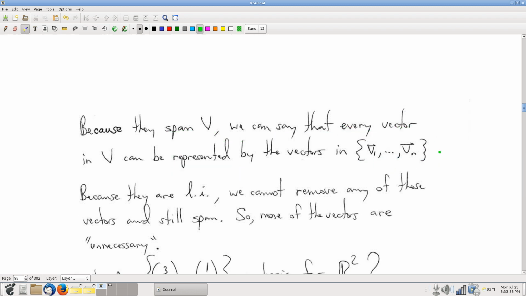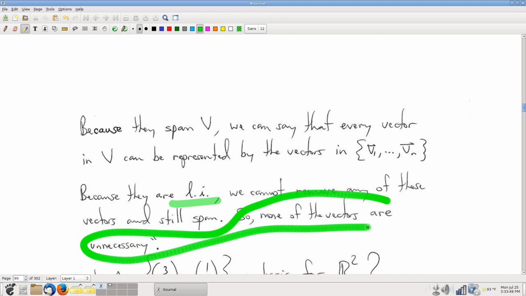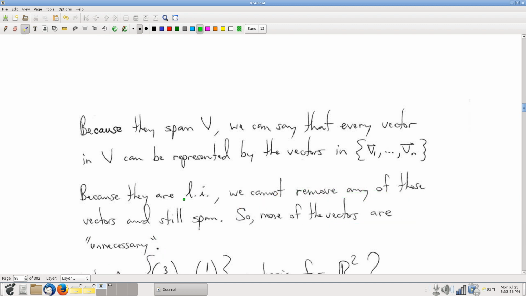The independence requirement. There are some great reasons we need this. One of the best reasons for this requirement is that none of the vectors are unnecessary. We'll see some much better motivations than this for linear independence. But in particular, you recall that if you have a linearly independent list, then you can't remove any of these vectors without destroying the span.